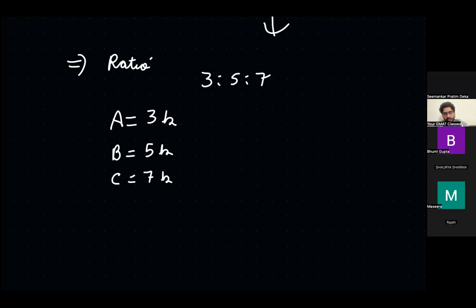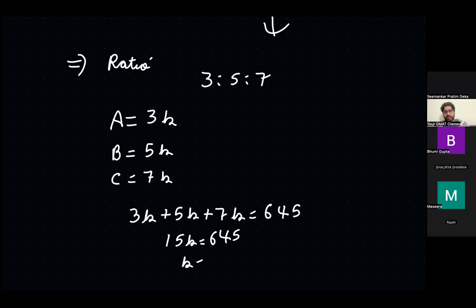Now 3K plus 5K plus 7K equals 645. 15K equals 645. K equals 43. So 3 times 43 is 129. 5 times 43 is 215.